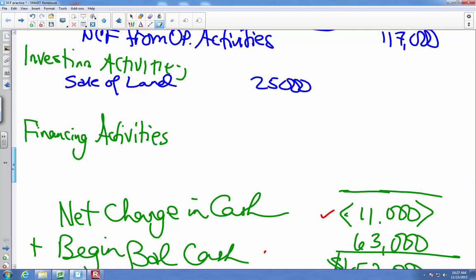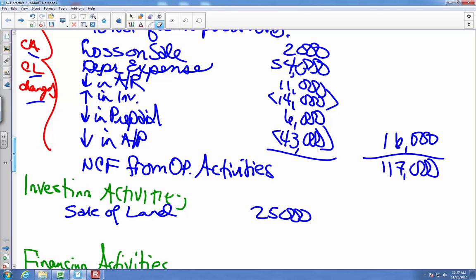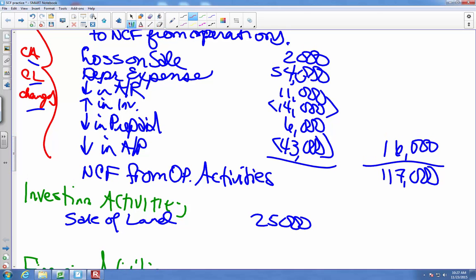Now I can illustrate the point that I was trying to make before, which is how many places does the sale of a long-term asset impact? Here's the amount of cash I got for it. And in operations is either the loss or the gain. And I said that a couple times last week, but you haven't really seen it in practice yet.